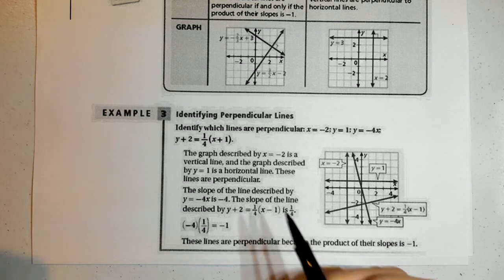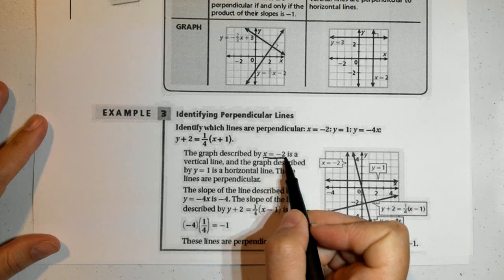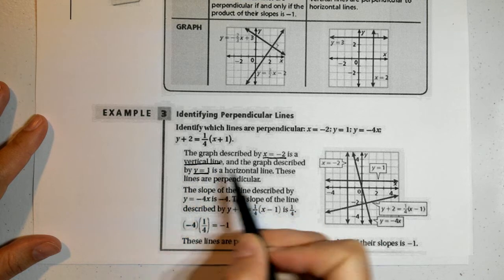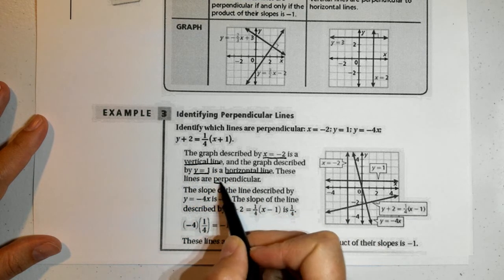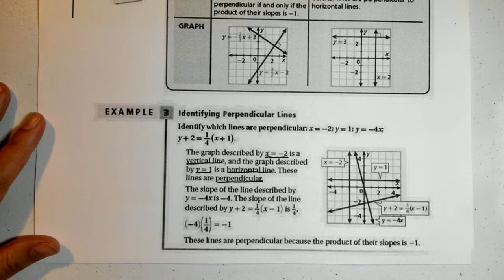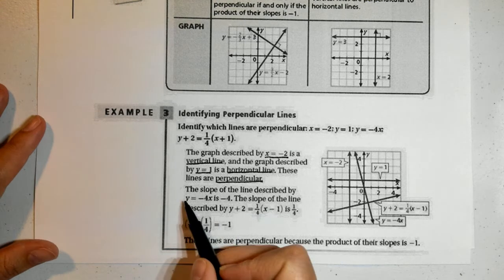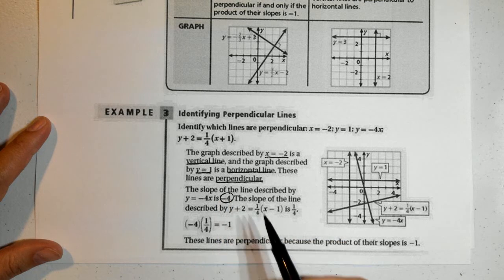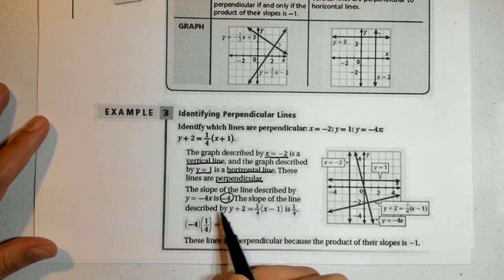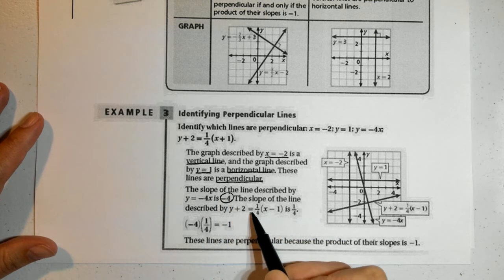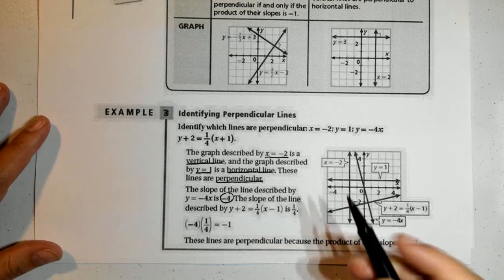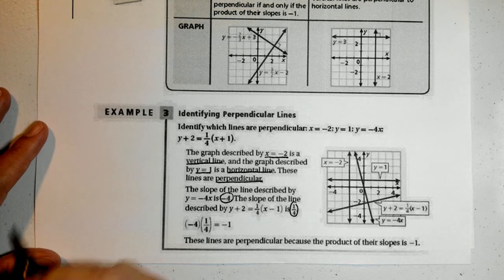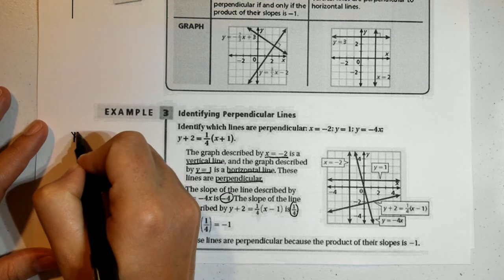So, first, x equals negative 2 is a vertical line, and then y equals 1 is a horizontal line. So those are going to be perpendicular. Y equals negative 4x. The slope is negative 4. And then the slope of the line described by y plus 2 equals 1/4 times the quantity x minus 1 is going to be 1/4. So in order to get that slope, you need to rewrite your equation.